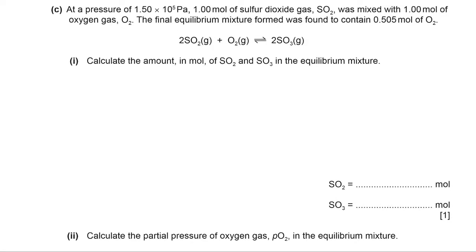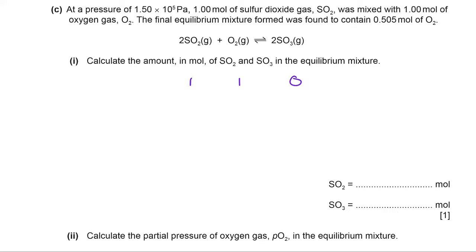At this pressure, which is 1.5 times 10 to the power 5 Pascal, 1 mole of sulfur dioxide gas was mixed with 1 mole of oxygen. The final equilibrium was found to contain 0.505 mole of oxygen. Before the reaction, you haven't produced SO3.